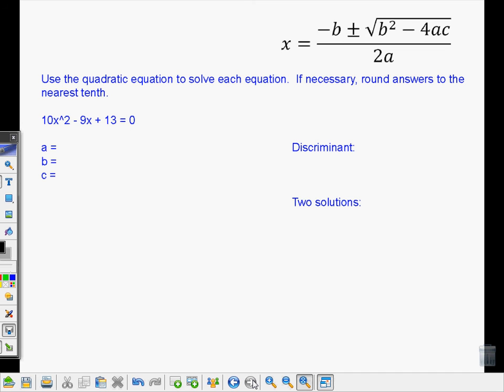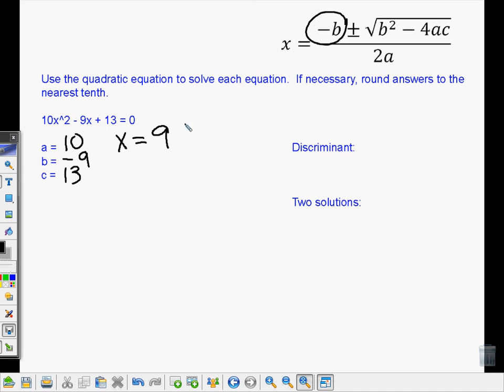So, A is 10, B is negative 9, and C is 13. I'm going to plug those in. X equals, remember it's negative B first. Since B is already negative 9, now it's just going to be positive. Okay?